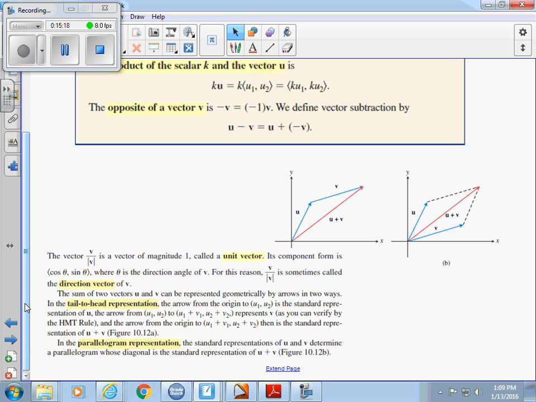A vector v divided by the length of v is a vector of magnitude 1 called the unit vector.